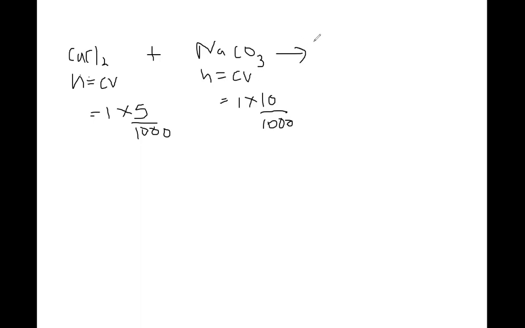You get calcium carbonate plus sodium chloride, NaCl. For balancing sodium and chlorine, you have to put 2NaCl.